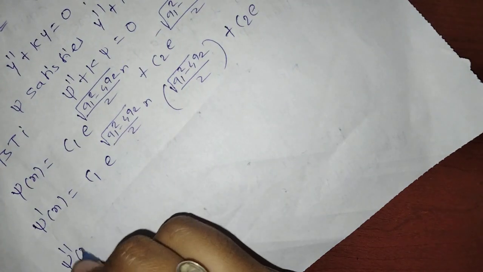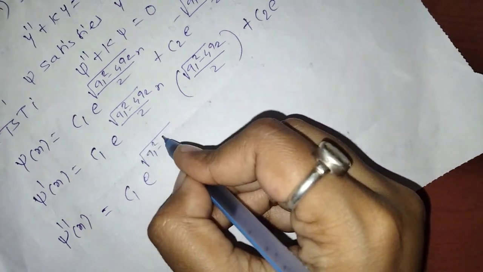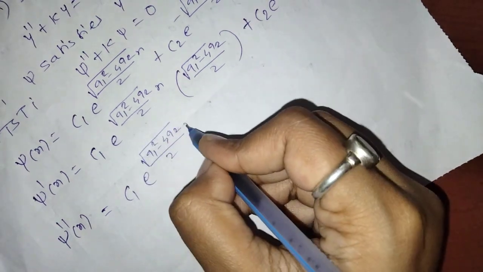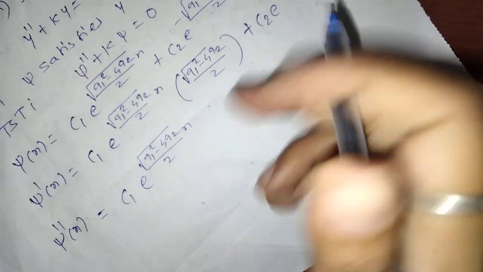So psi double dash of x is equal to c1 e raised to under root a1 square minus 4a2 upon 2x, this term as it is, into derivative of this term.